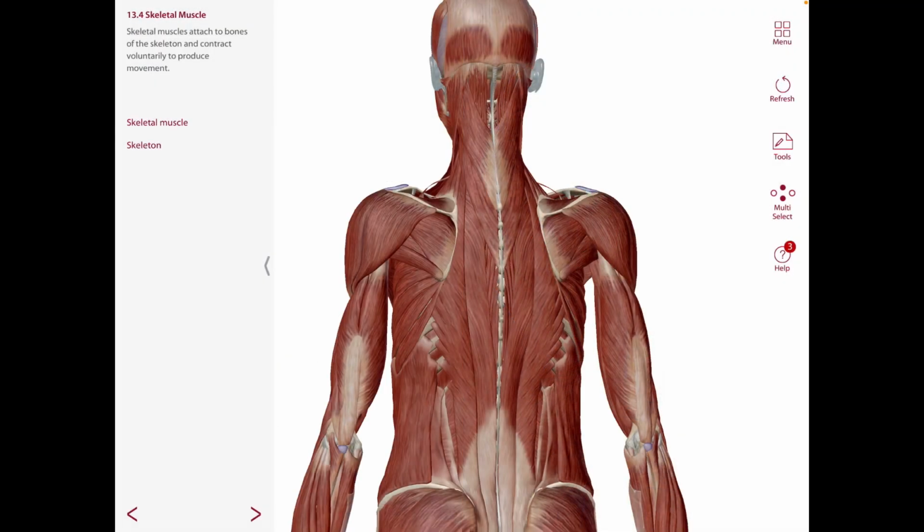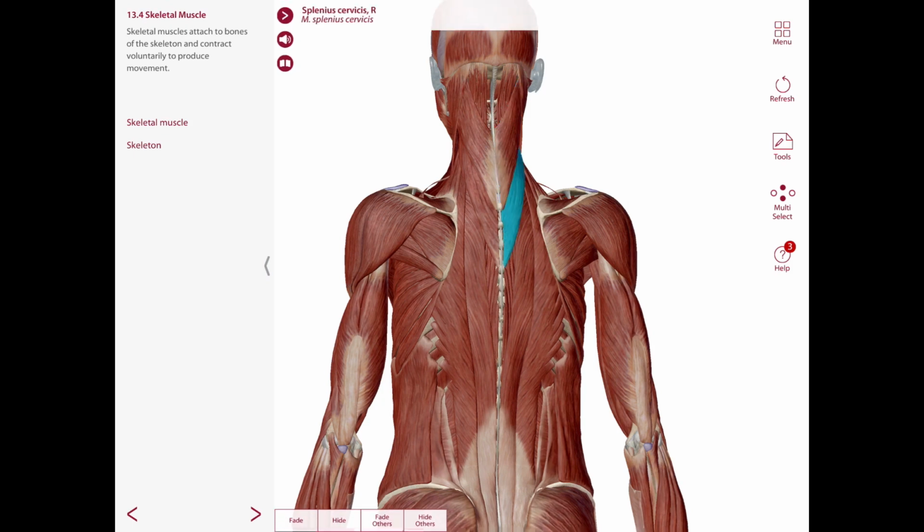Regarding the deep back muscles, these are innervated by the dorsal rami of spinal nerves, and these muscles are divided into 3 layers. First, we have the superficial layer, which consists of the spinotransversalis muscles, such as the splenius capitis and splenius cervicis.